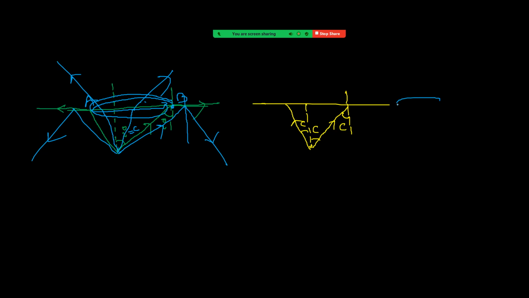Now in this cone, this is C, depth is H, radius equal to R. So we can write tan C equal to R by H. And we know that sin C equals mu rarer by mu denser.